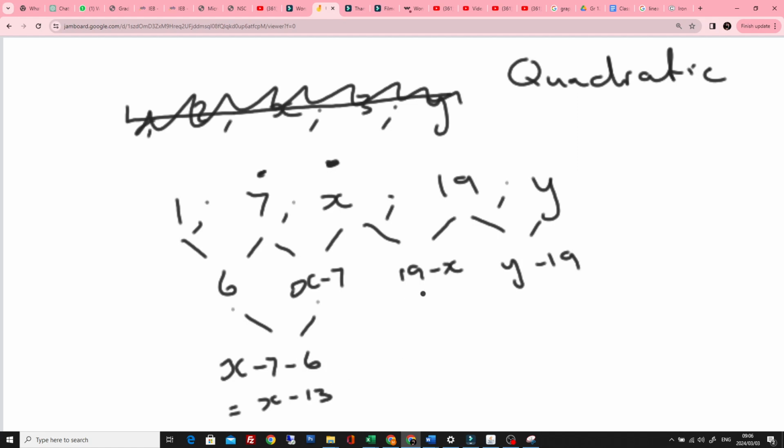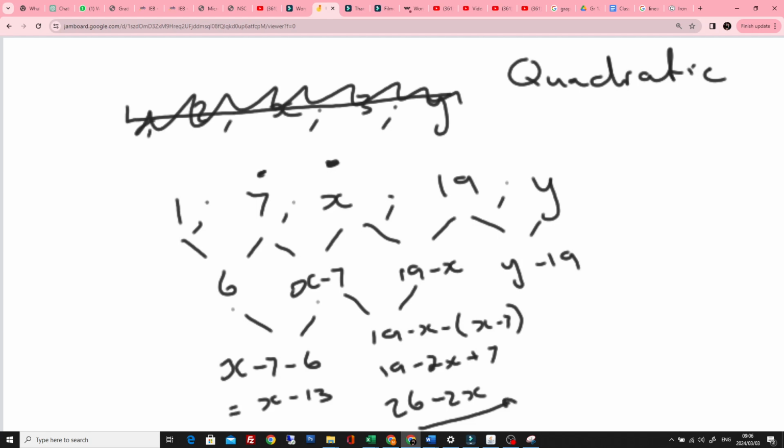Okay, this would be 19 minus x minus the entire thing there, so it's going to be 19 minus 2x plus 7, which is going to be 26 minus 2x.